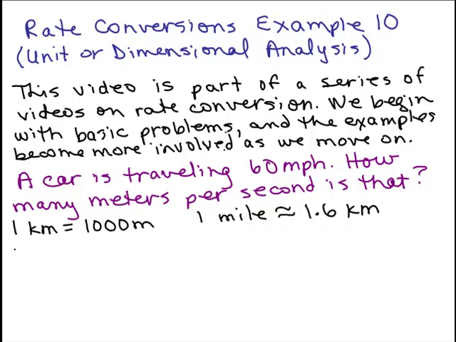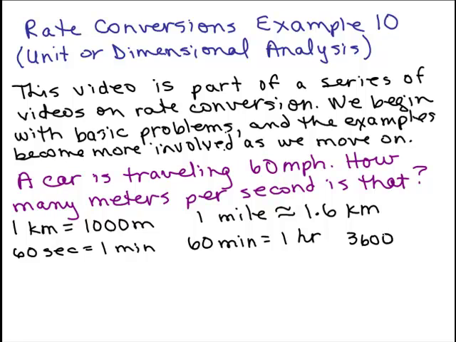And of course, you also need to know that there are 60 seconds in a minute, and we've got 60 minutes in an hour. From this information, you should be able to go directly to 3,600 seconds in an hour.